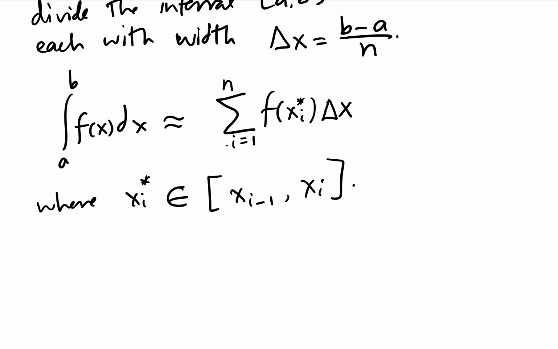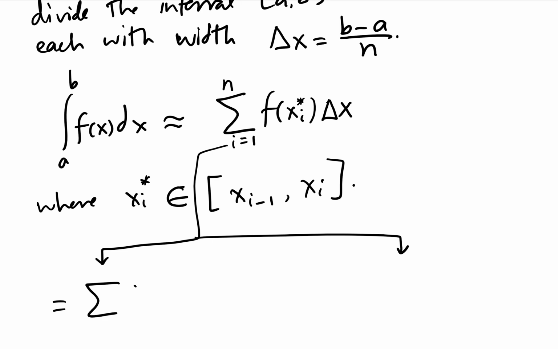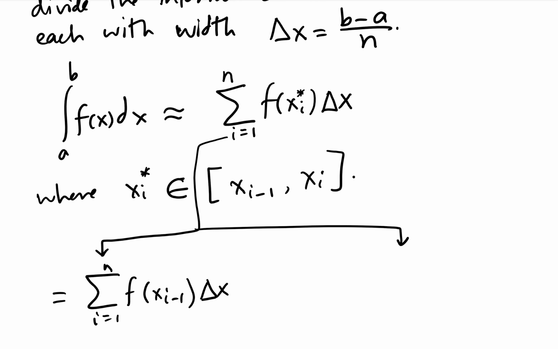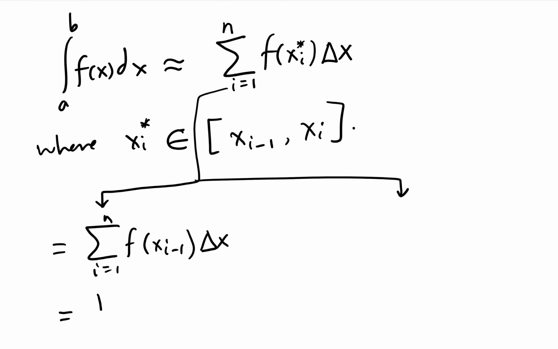Now it could equal the sum of f of x sub i minus 1 times delta x, where i goes from 1 to n, and in this case, this is the Riemann left-endpoint approach, or left-hand side of the Riemann sum. If it equals f of x sub i delta x, where i goes from 1 to n, this is the right Riemann sum, R sub n.